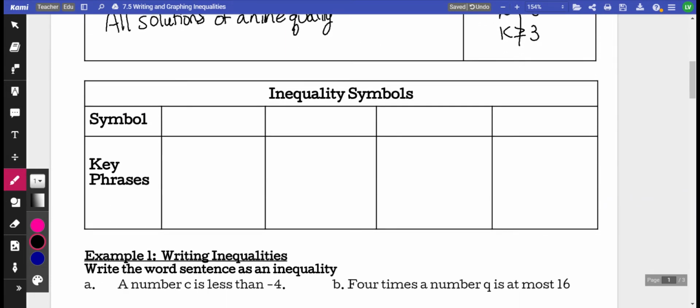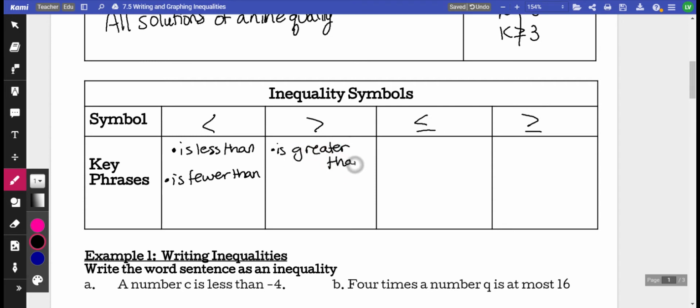So inequality symbols. We have 4 different inequality symbols. The key phrases for the first inequality is less than. Another is fewer than. The next one is greater than, is more than.